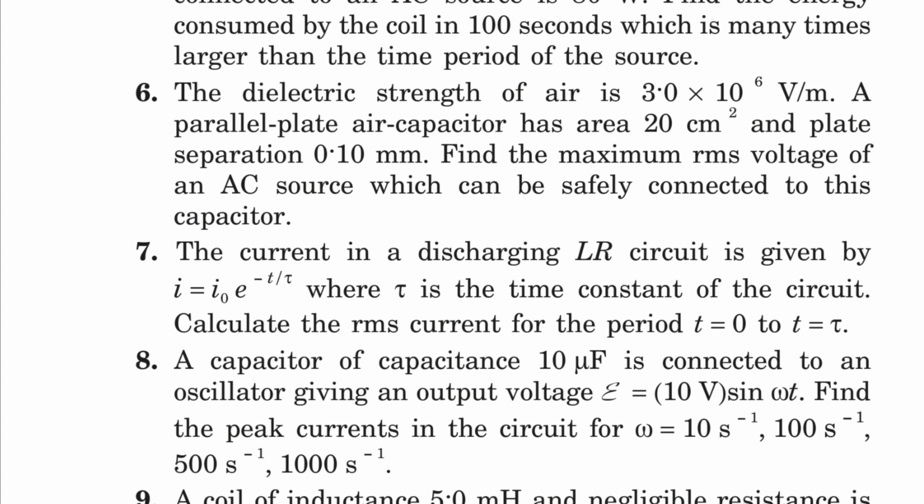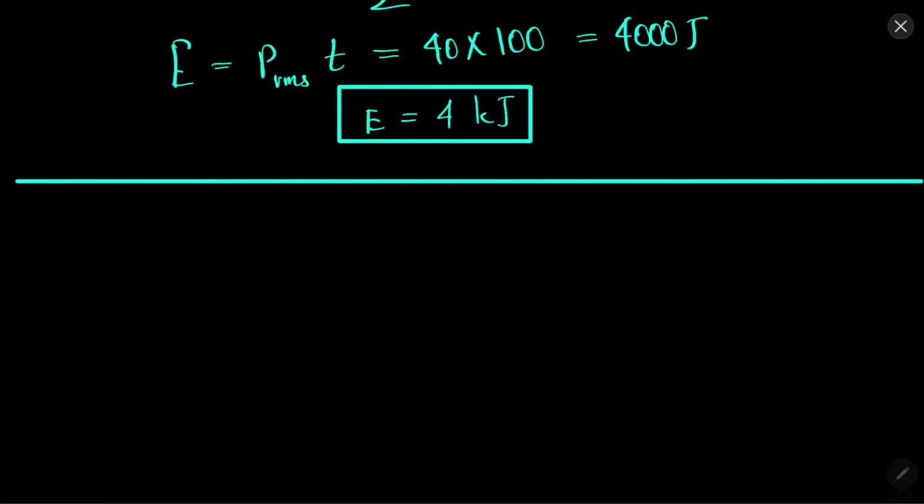In question 6, the dielectric strength of air is given. A parallel plate air capacitor has area and plate separation 0.1 mm. We need to find the maximum RMS voltage of an AC source which can be safely connected to this capacitor. So this is the sixth one.